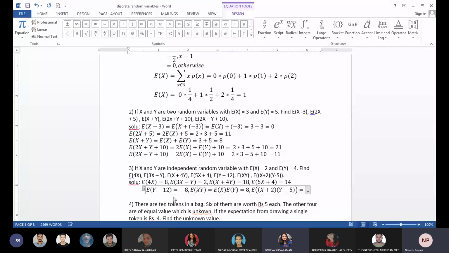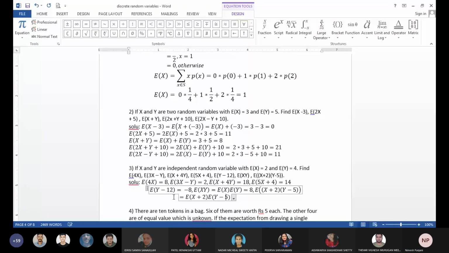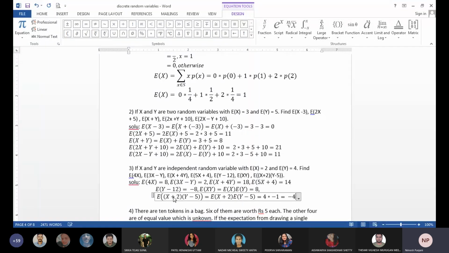Since x and y are independent, x plus 2 and y minus 5 will be independent. So we get expected value of x plus 2 into expected value of y minus 5. x plus 2 will give me 4, and y minus 5 gives minus 1. 4 into minus 1, so minus 4 is the answer.